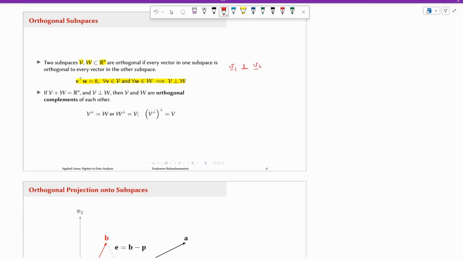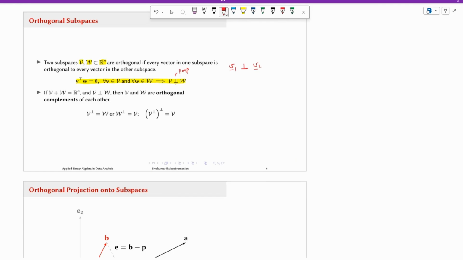This essentially means if you take the inner product of v1 with v2, you'll get 0. If two subspaces are orthogonal to each other, then you simply write subspace V orthogonal to W, this symbol is called the perp symbol. V perp W simply means the two subspaces are orthogonal to each other, which essentially means all the elements in one are orthogonal to all the other elements in the other.